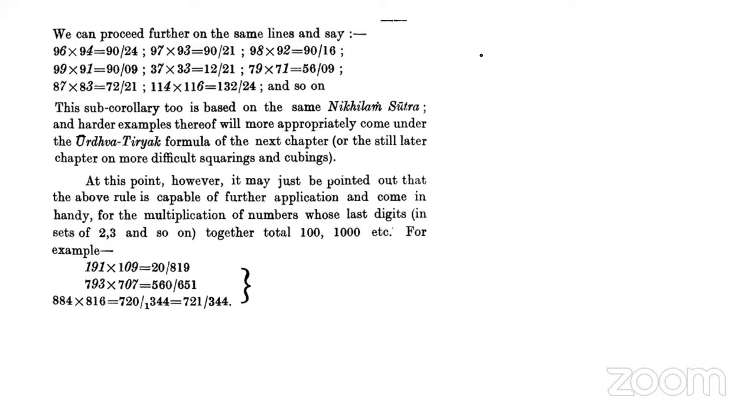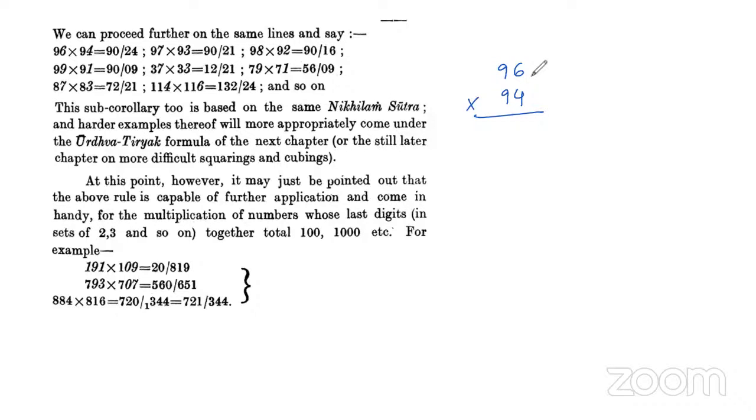In this case, Swamiji is using one more formula. That formula is actually a sub-corollary of the previous one, based on the Nikhilam Sutra. The formula Swamiji is using here is Antyayor Dashakepi. Antyayor Dashakepi means, suppose 96 into 94 is there, then Swamiji is using Ekadhikena Purvena here.